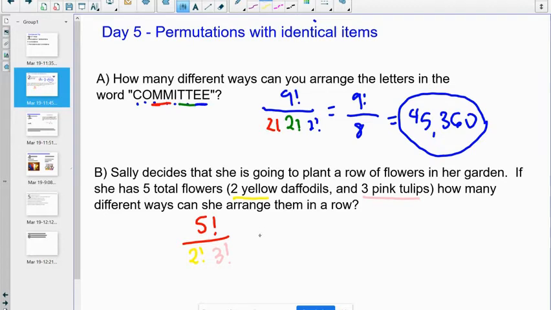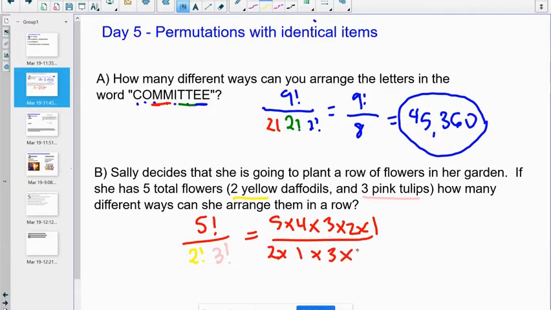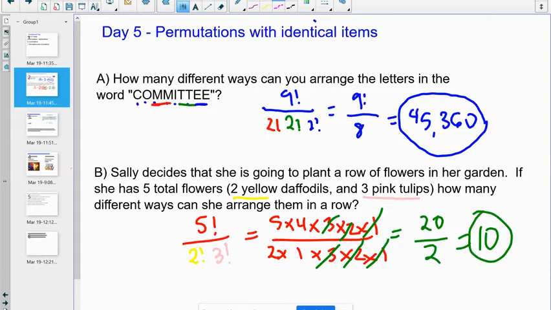And then once you've solved that, you get 5 times 4 times 3 times 2 times 1 over 2 times 1. And then we'll cancel out what we have repeats of, and we're left with 20 over 2, which is just 10. So that's a recap from day 5, permutations with identical items.